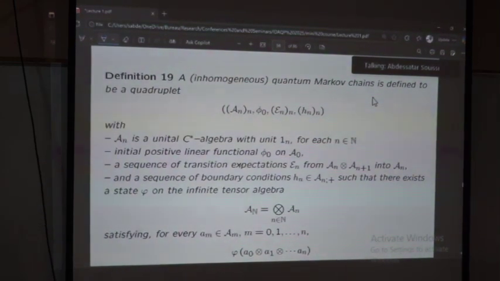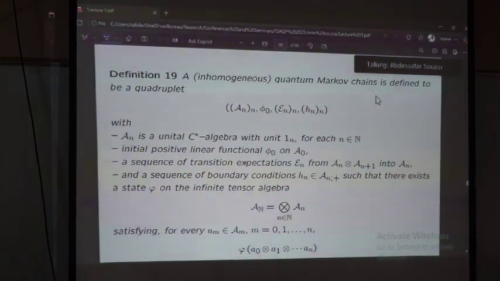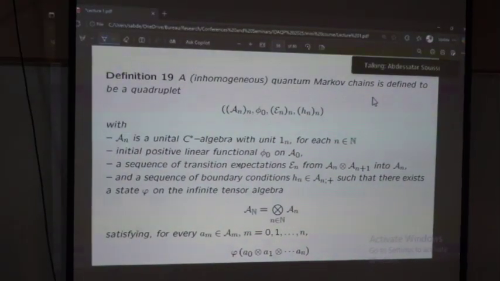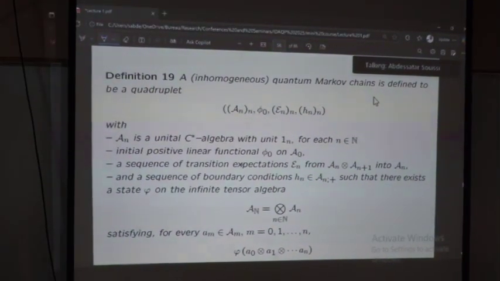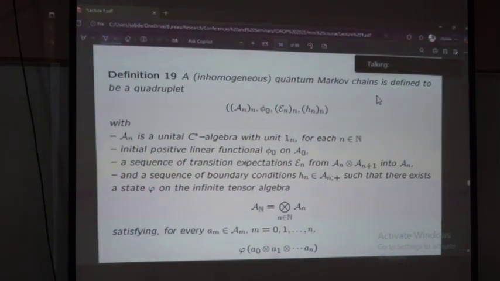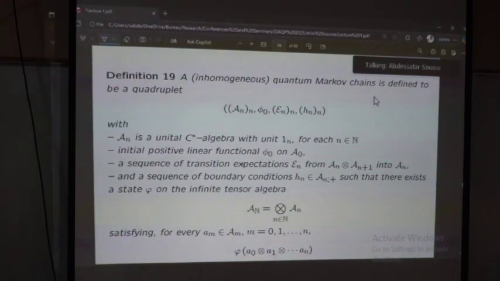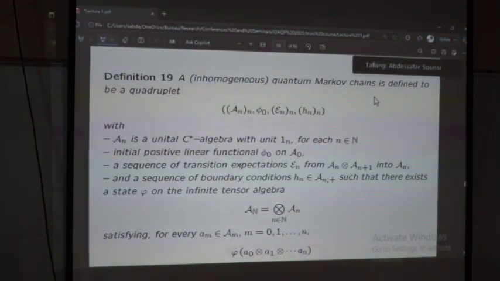In addition to that, we may add, depending on whether these transition expectations present the advantage or not, a sequence of boundary conditions.